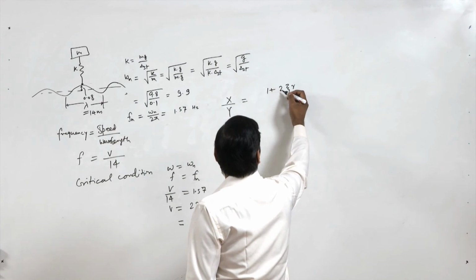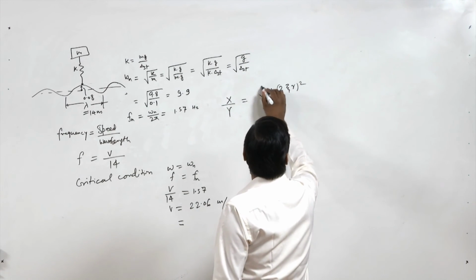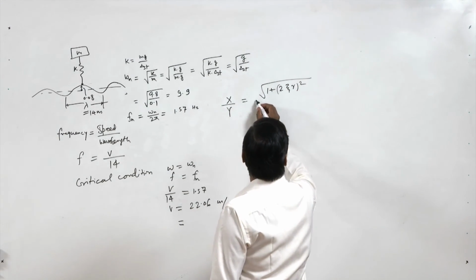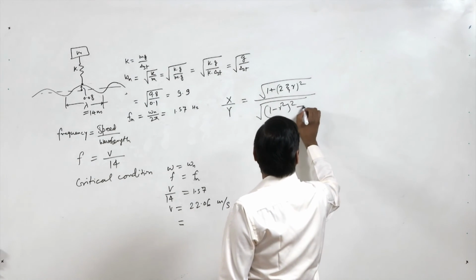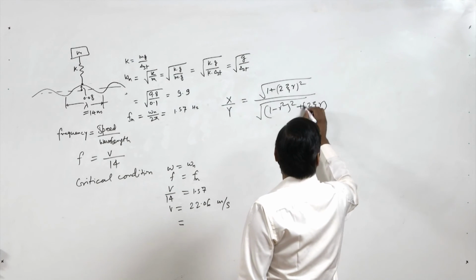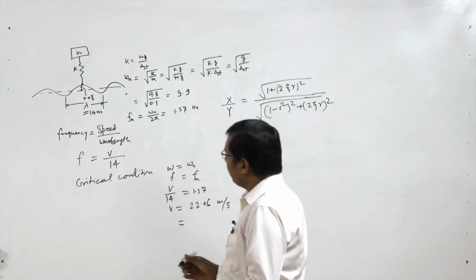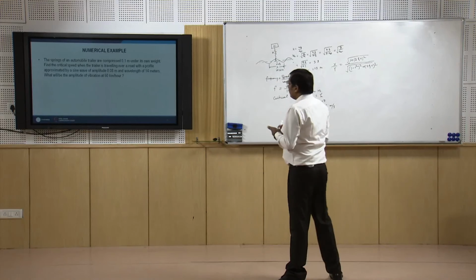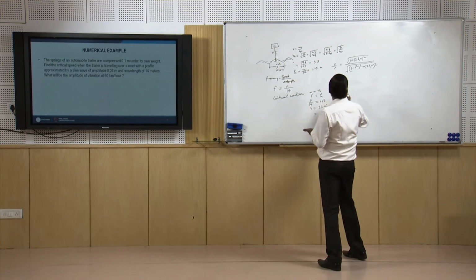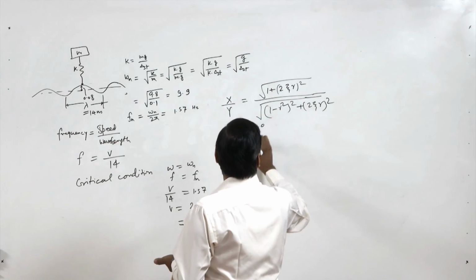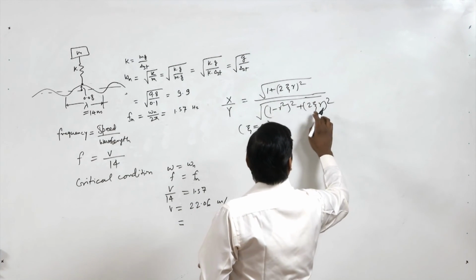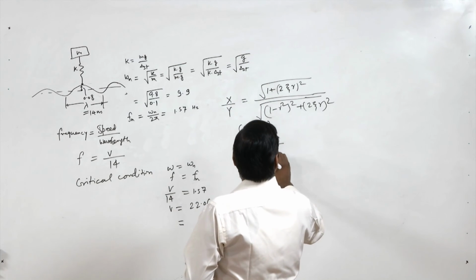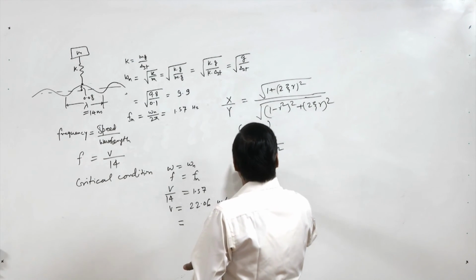We have this equation, and here we assume zeta equal to 0 because we are not given any value of zeta. So when we put zeta equal to 0, we will get 1 by 1 minus r square.